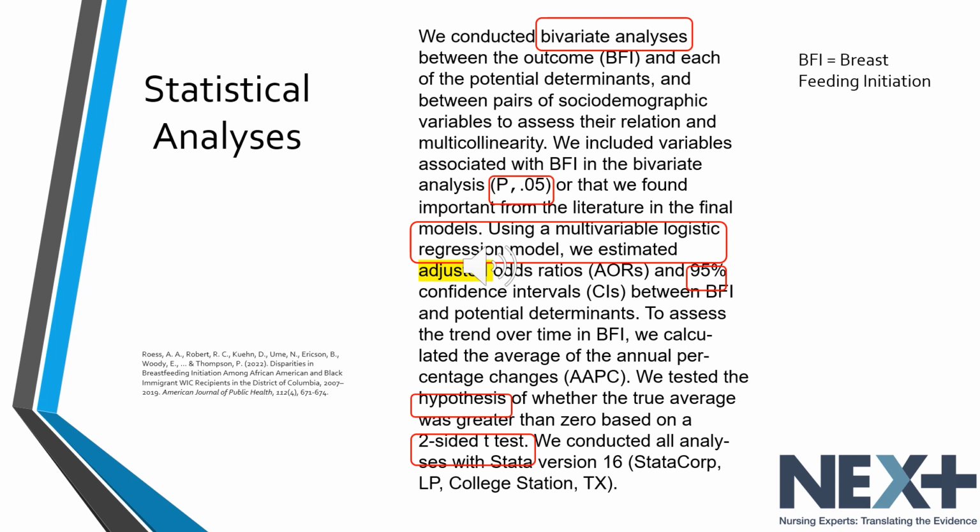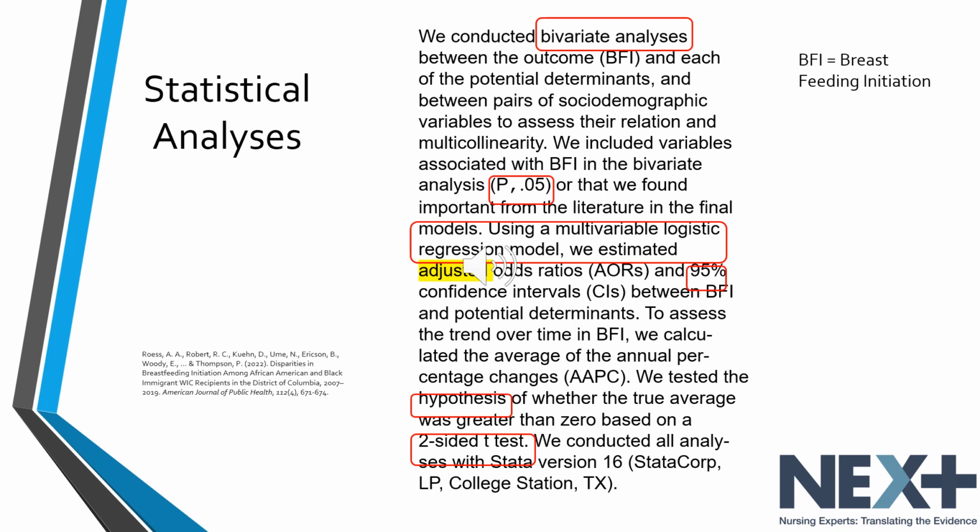When a characteristic had a statistically significant association or was conceptually important based upon the review of the literature, the authors included the variable in the regression analysis as a covariate to control for or adjust for its influence on breastfeeding initiation. By including it in the regression model, they could separate out the influence of the covariate from the influence of race.